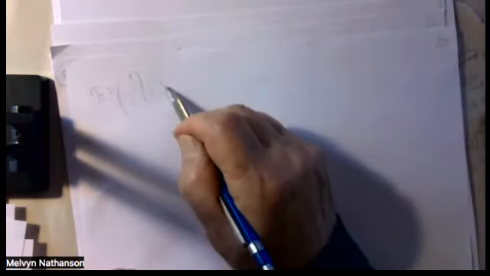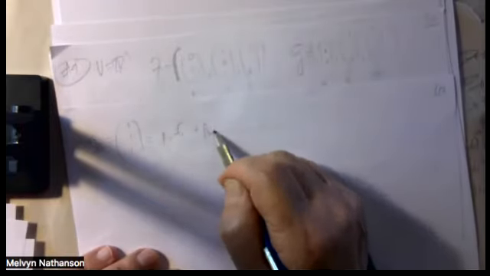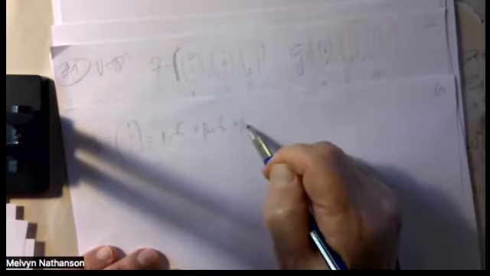So that's P13 F1 plus P23 F2 plus P33 F3. These are the F's. So when I put this together, what I get is P23 plus P33, P13 plus P33, P13 plus P23.